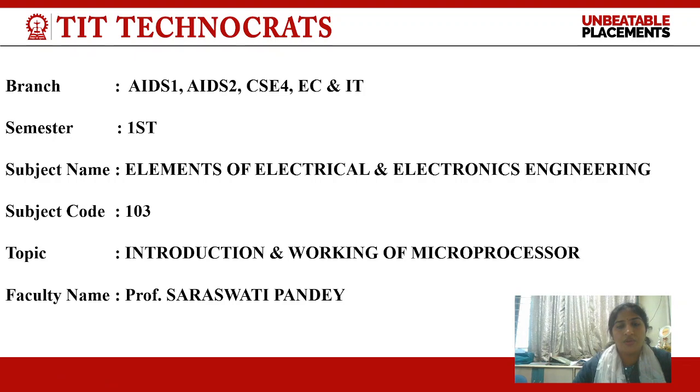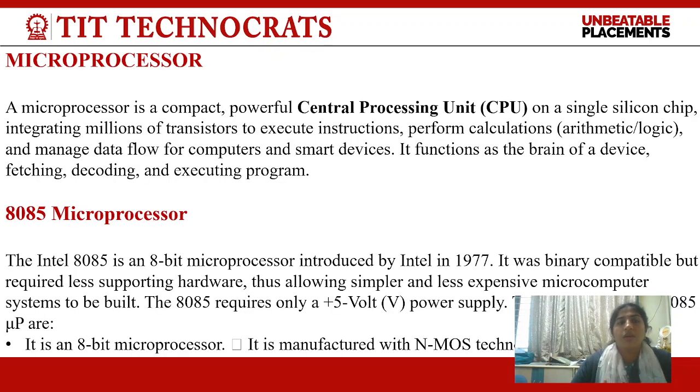Today, we are going to understand the working and introduction of microprocessor. So, processor means anything which does work, which processes something, is known as a processor. Micro means the size of that processing unit is very small or compact.